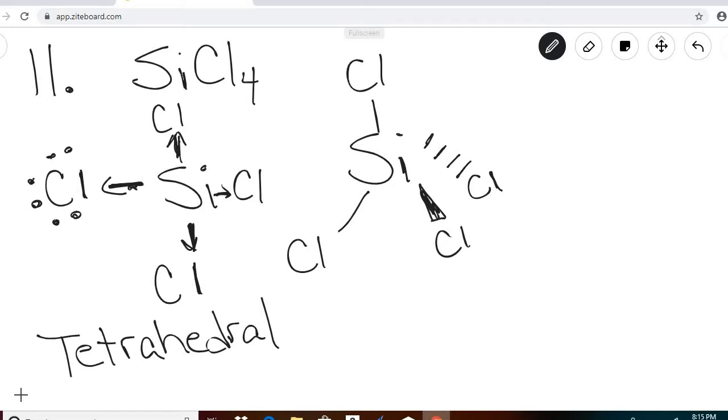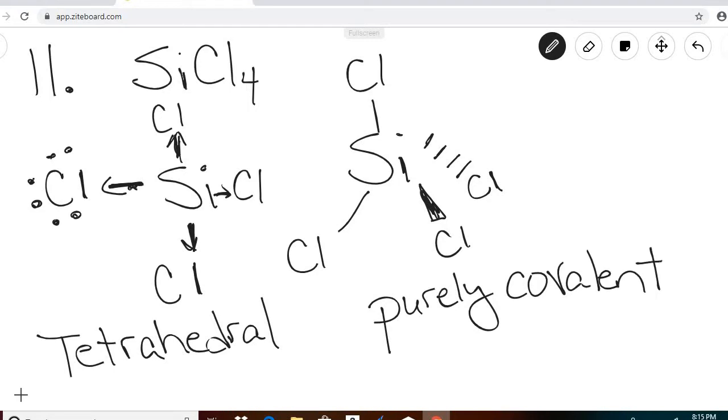So it has polar bonds. However, this would be a purely covalent molecule because we're getting equal pull in all 4 directions. So the molecule will be purely covalent, even though there are polar bonds between atoms within the molecule.